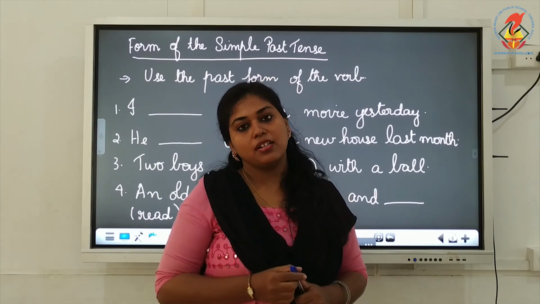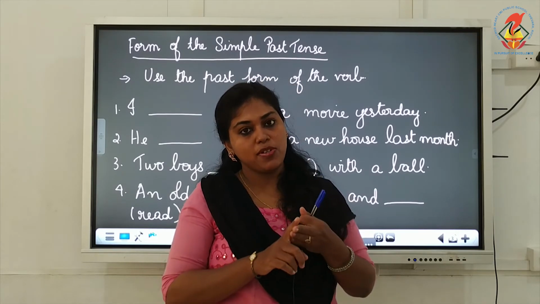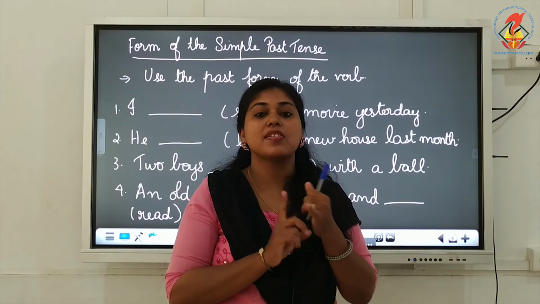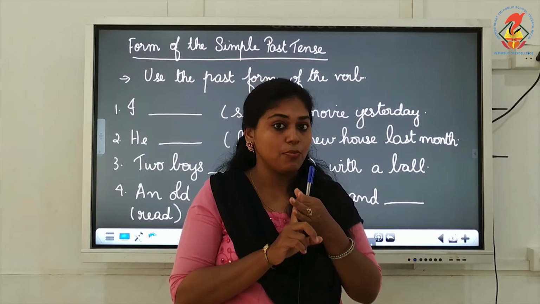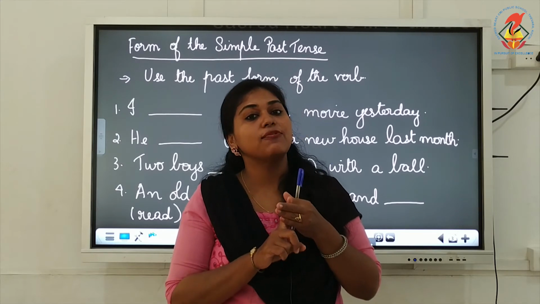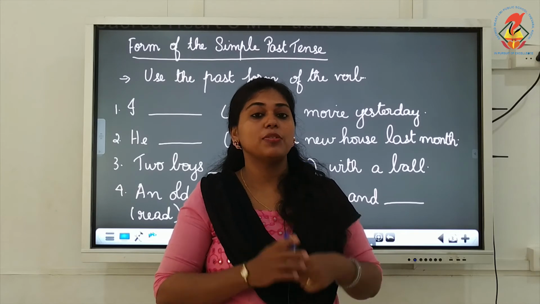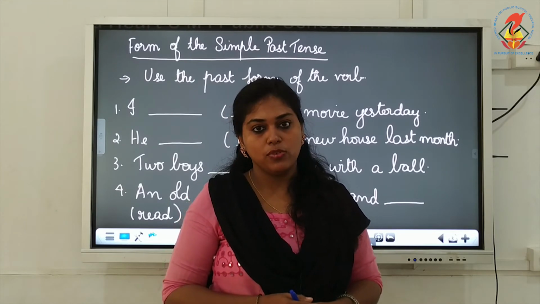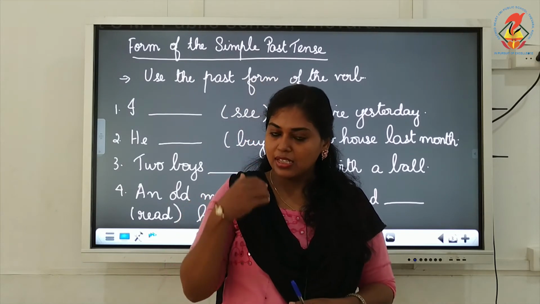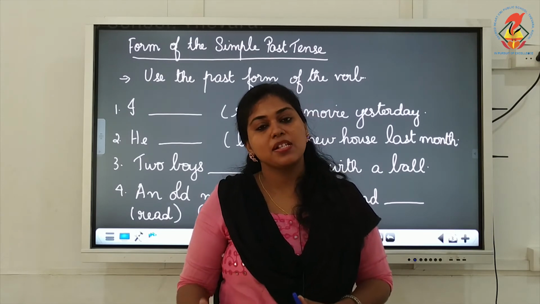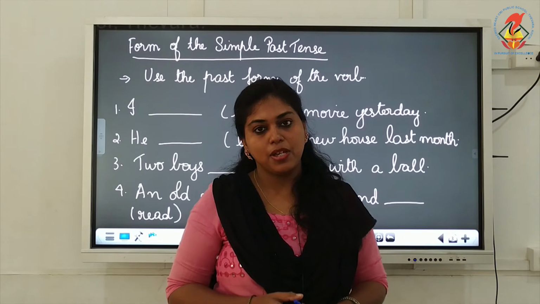The first form is the present form, the base form, the second form is the simple past form, and the third form is the past participle. I hope that you all are thorough with the past form of words. So here we have to use the past form of verbs to express the action in simple past tense.